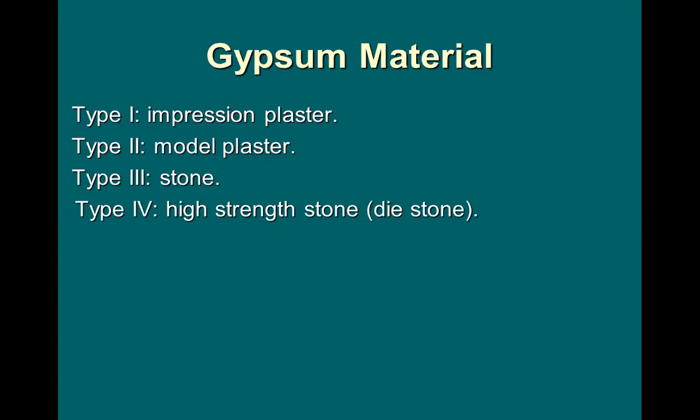The die stone is another type of gypsum material which is harder than the regular stone. So it is mainly used to make the final or working cast in crown and bridge construction.